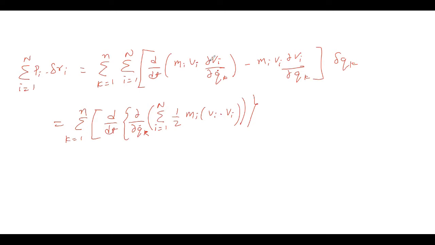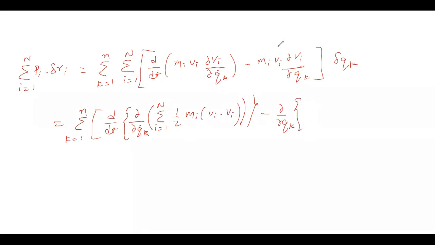This is the first part, and for the second part we can again write this, taking this delta qk outside, because k and I are independent of each other. k represents my number of generalized coordinates and I represents my number of particles. That's why they don't interfere with each other.